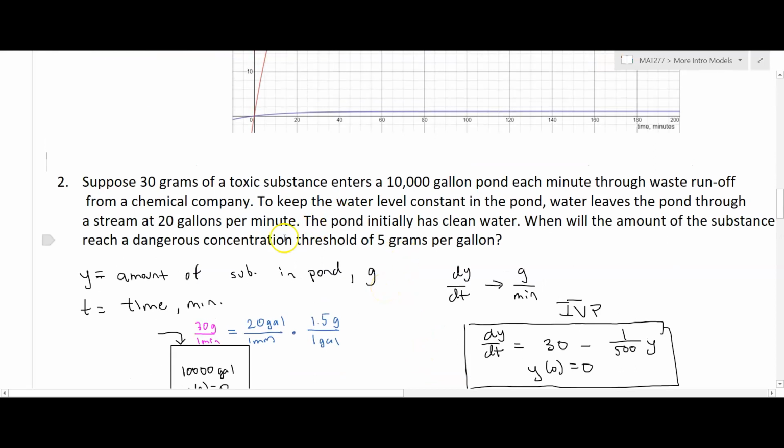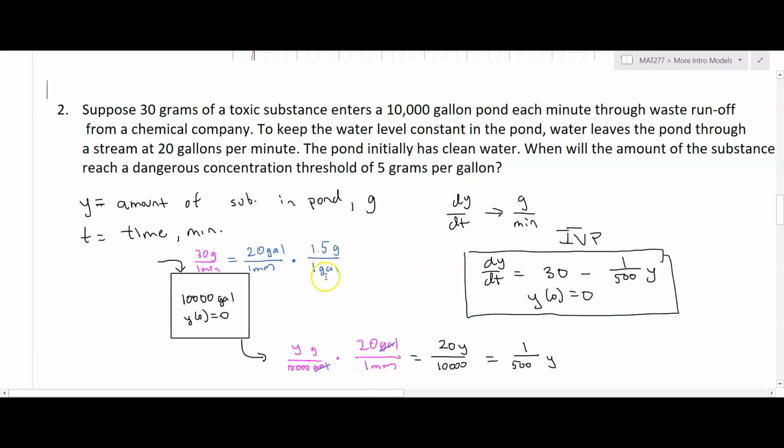So that's kind of funny, right? Because this is asking for when will the amount of the substance reach a dangerous concentration threshold of 5 grams per gallon? Well, we could have answered that question just by looking at the model itself.